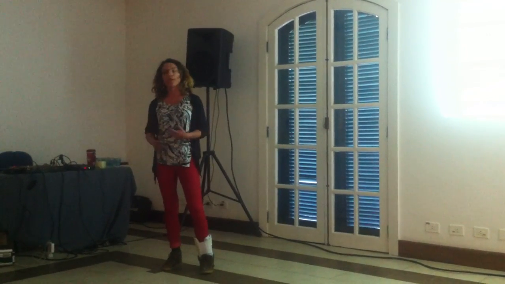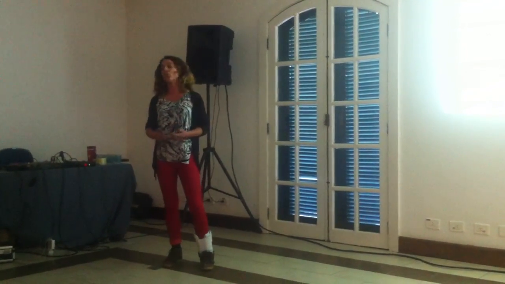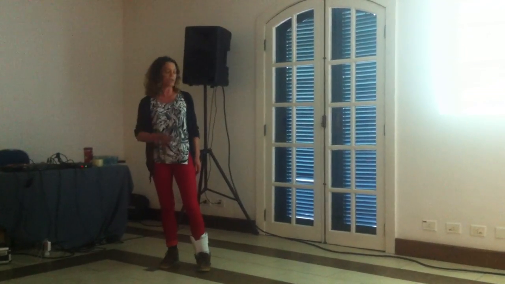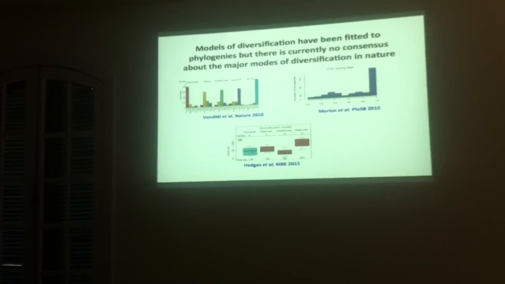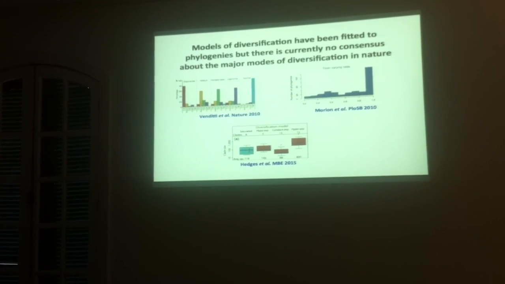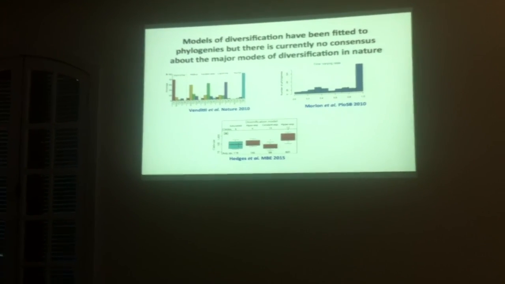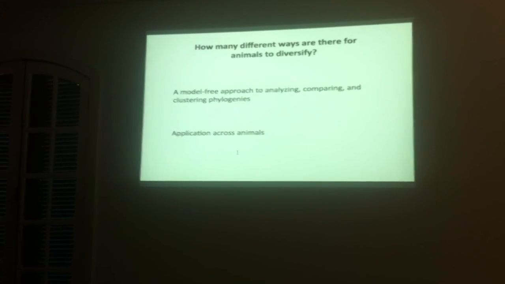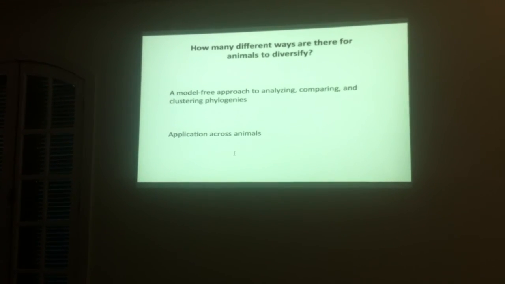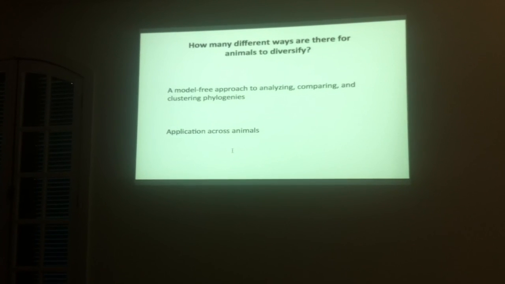There are different models that produce more or less the same likelihood support and so on. So there are issues. What I'm going to present today is something that tries to do things a little bit differently, in a model-free approach, trying to characterize the different ways that there are to diversify. First I will present this approach, and then I will have an application, a work in progress, across animal phylogenies.